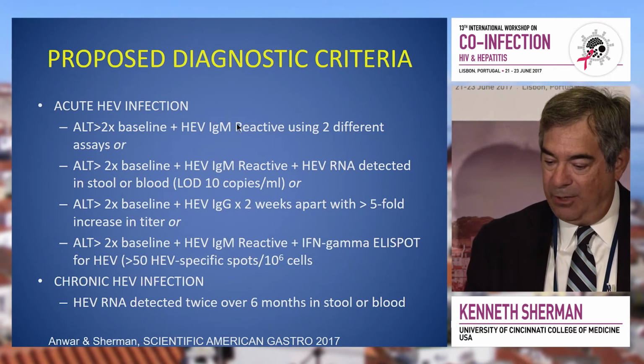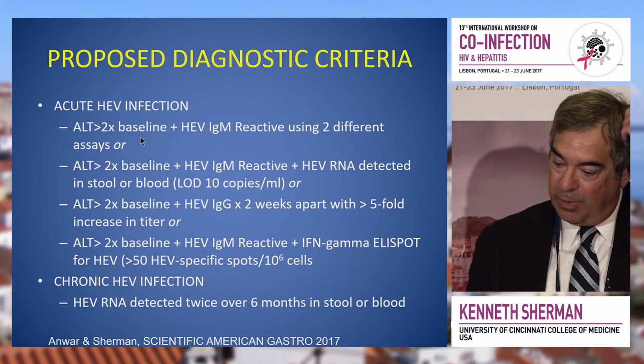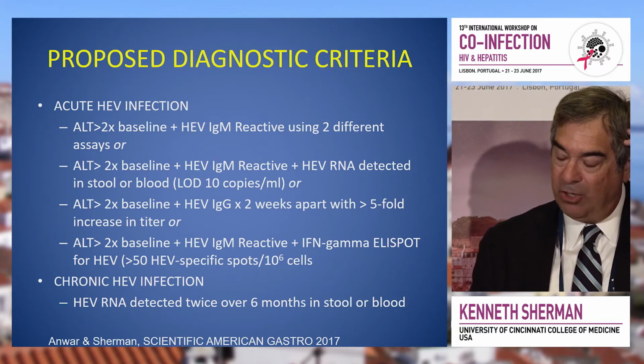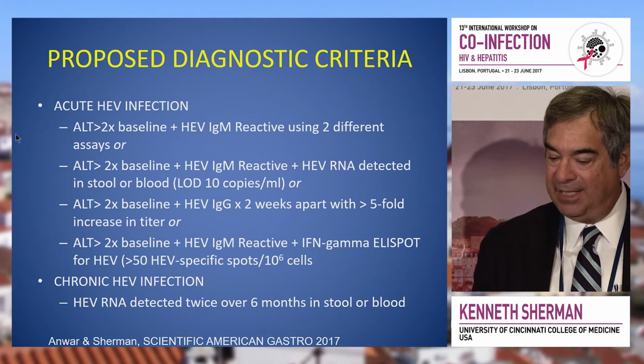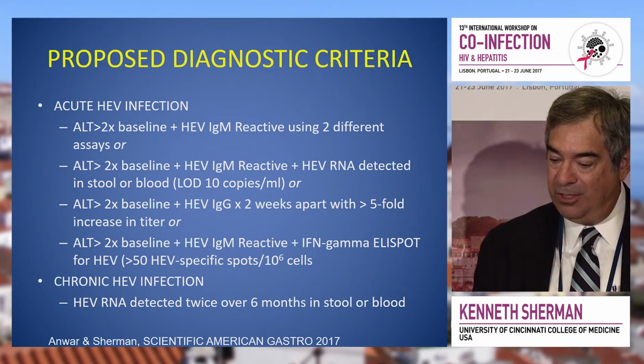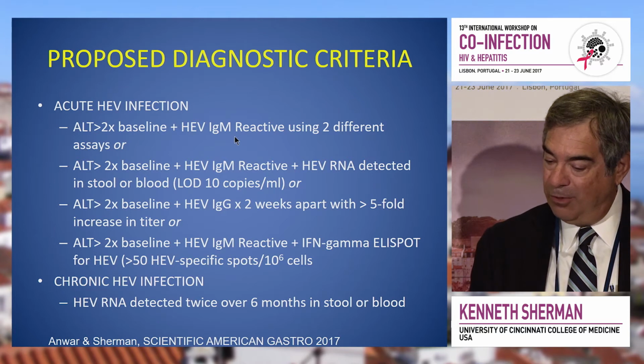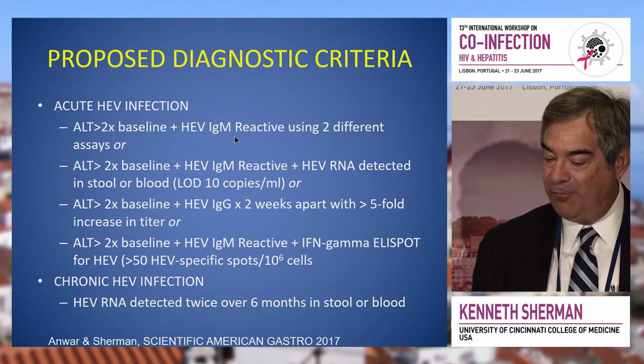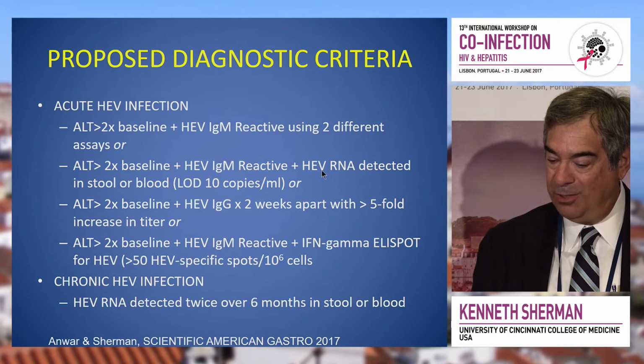I did help put together proposed diagnostic criteria because of the problems of current assays. I think that in diagnosing acute infection, it's not easy to do. You probably should have ALT at least 2 times baseline, and then you can feel fairly confident if you use 2 different assays with an IgM with an HEV detected in stool or blood.